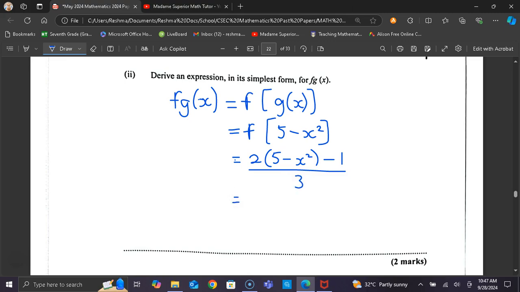And I just need to expand my brackets and simplify. So 2 by 5, 10 minus 2x squared minus 1 over 3. 10 minus 1 is 9, so we get (9 minus 2x squared) all over 3, and this is equal to fg of x.